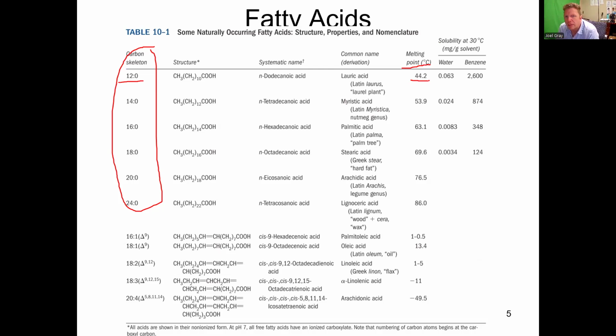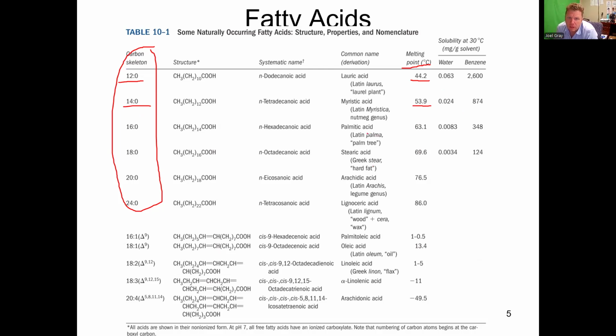So if you had dodecanoic acid, or lauric acid as it's commonly known, that would be a solid outside. Now, 14 carbons, and you had n-tetradecanoic acid or myristic acid, that would also be a solid outside, because that has a melting point of 53.9 degrees Celsius.